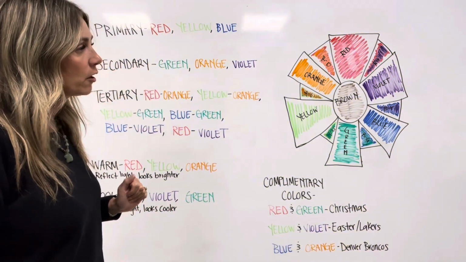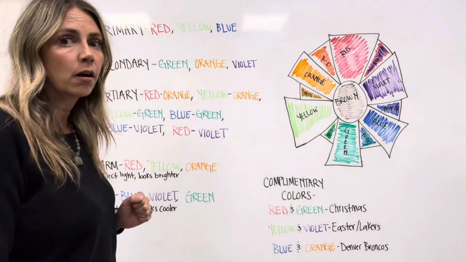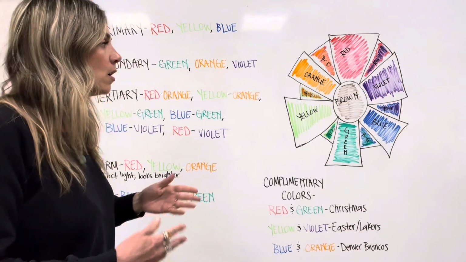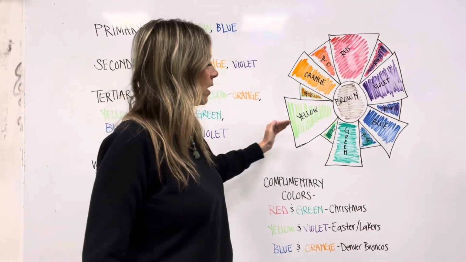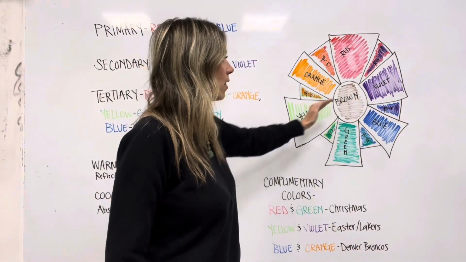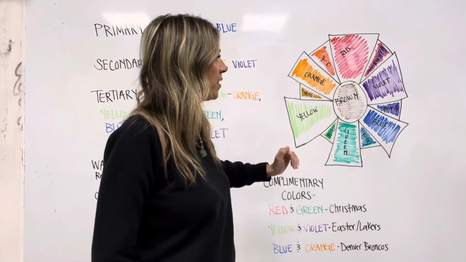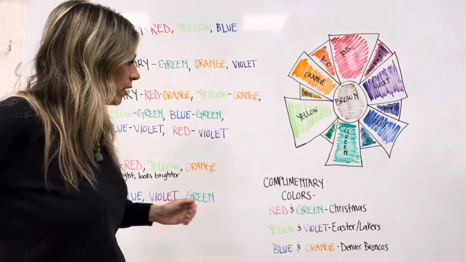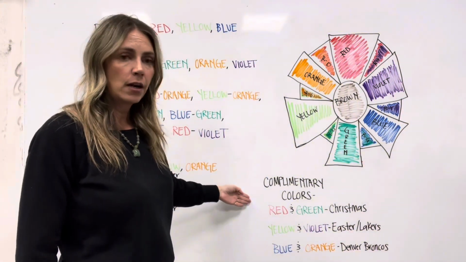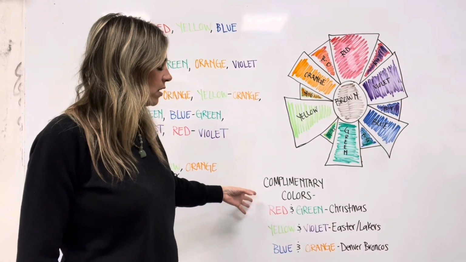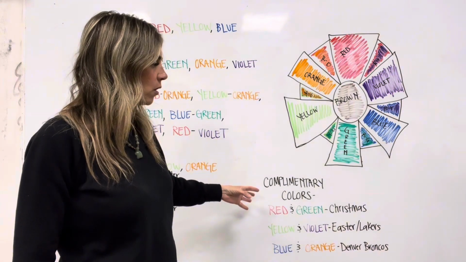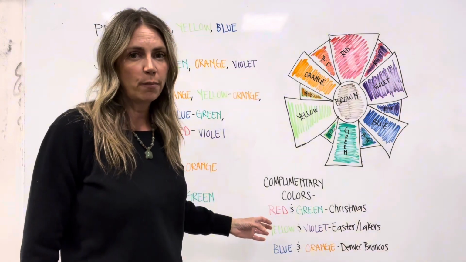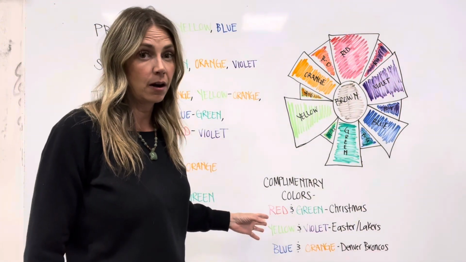So the colors that are across from each other on the color wheel are called complementary colors, and they cancel each other out. So if you have them in equal parts, such as yellow and violet, then you're going to, again, get brown. So I've written our complementary colors out here on the board, and I've given something to remember what our complementary colors are.